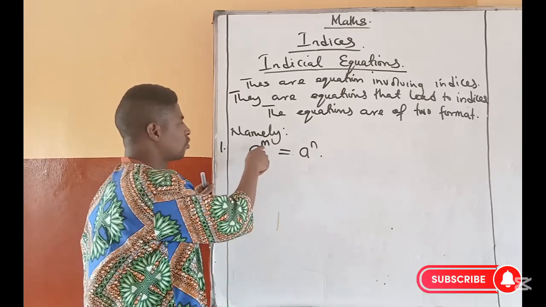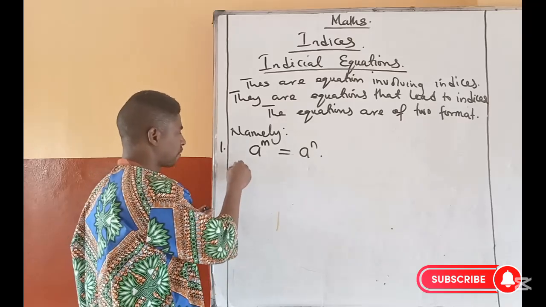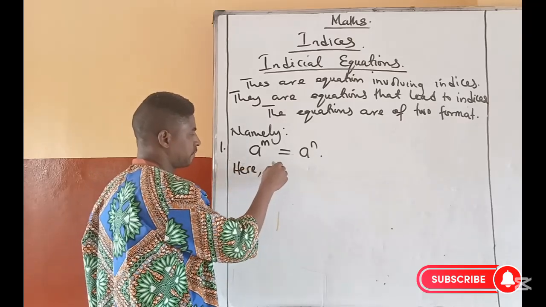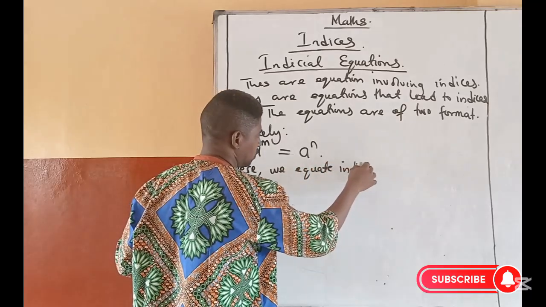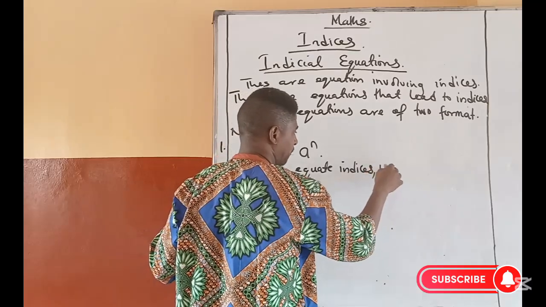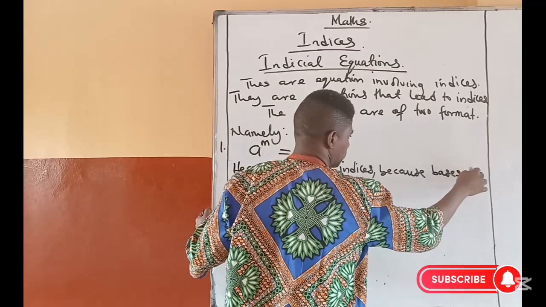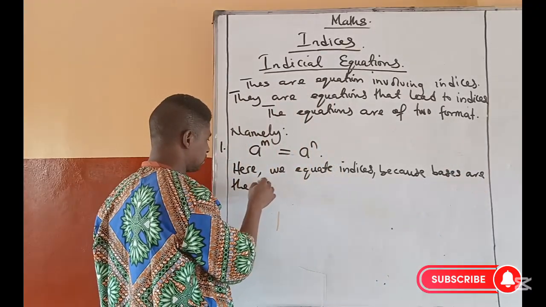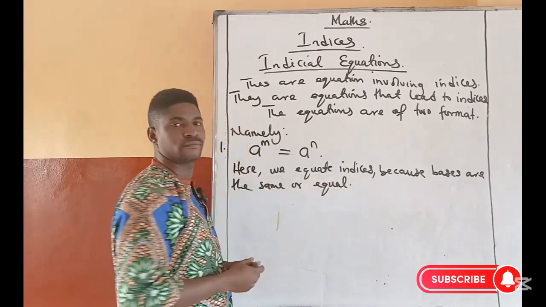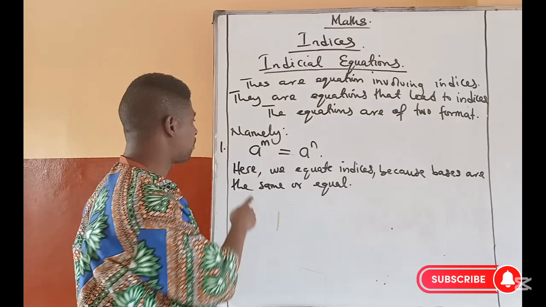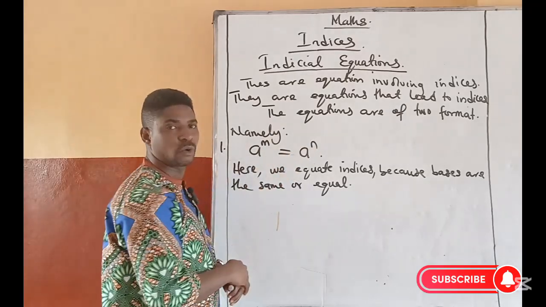So we simply say equate indices because bases are the same or equal. That is the first format of the indicial equation. Equate indices because bases are equal or the same.